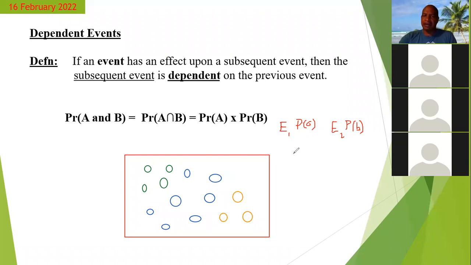It would be equal to what? Anybody? 4 out of 14, sir. Right. So the probability of getting a green marble is based on how many green marbles are in the box. We have 4 green marbles in the box, so we get 4 out of 14. All right. Now, what would be the probability in the second event if we are drawing a blue marble?